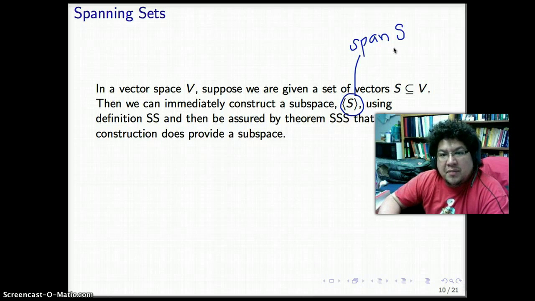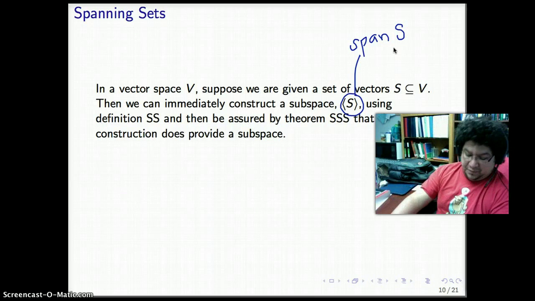In other words, all the elements in that set S are considered in a way in which all possible linear combinations of the members of S are taken over all possible values of scalars in those linear combinations.